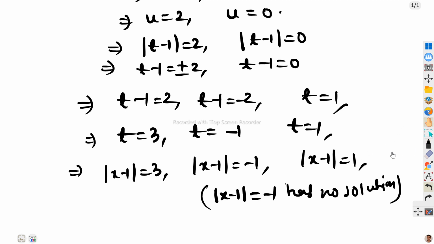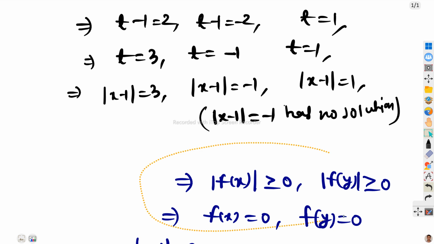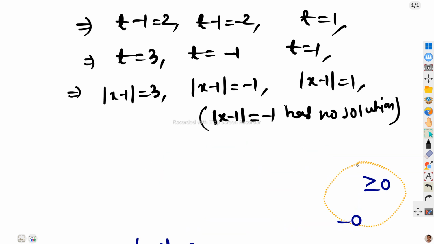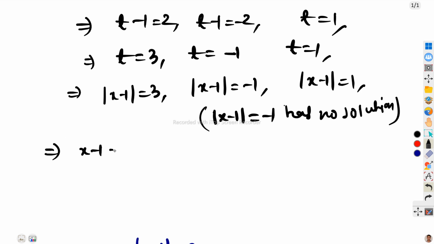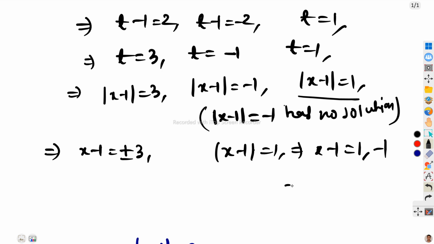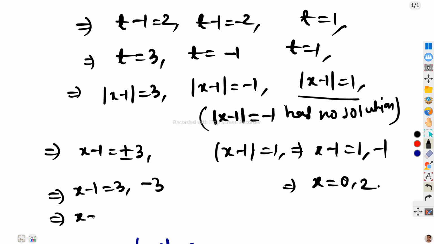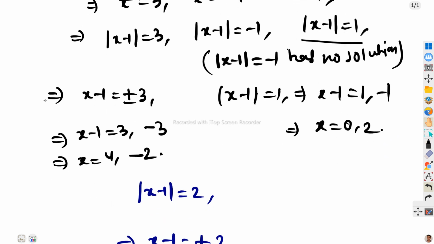Moving forward, |x − 1| = 1 implies x − 1 = 1 and −1, so x = 2 and 0. And |x − 1| = 3 implies x − 1 = 3 and −3, so x = 4 and −2. So we have 4 solutions for x.